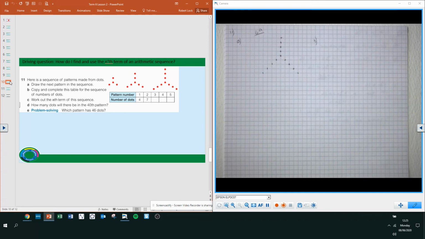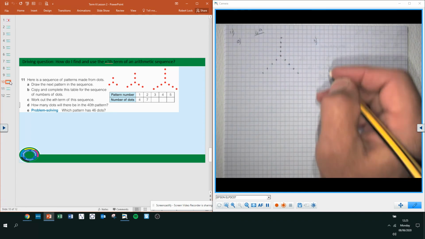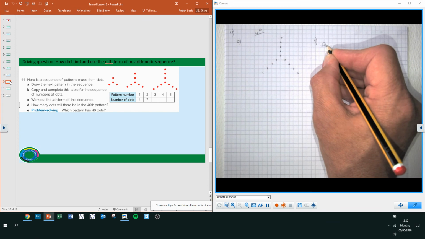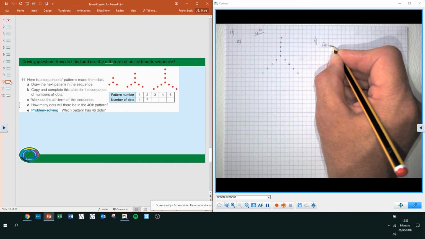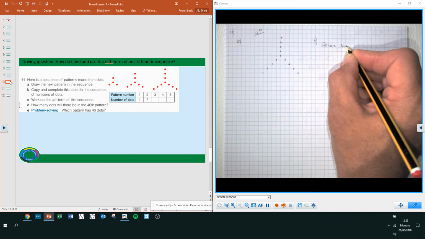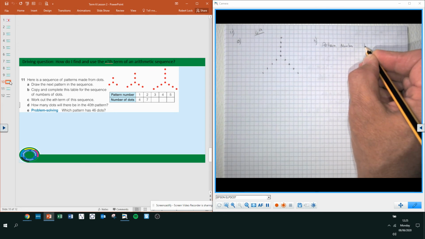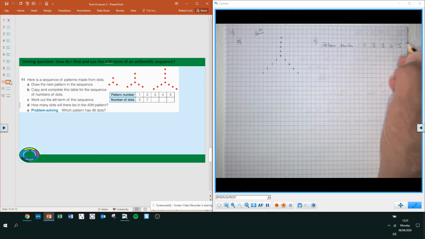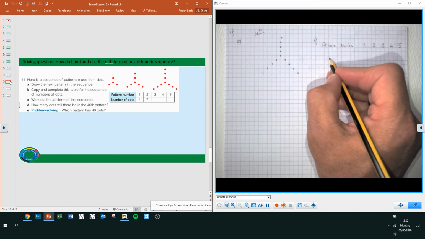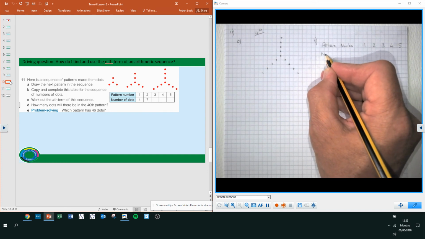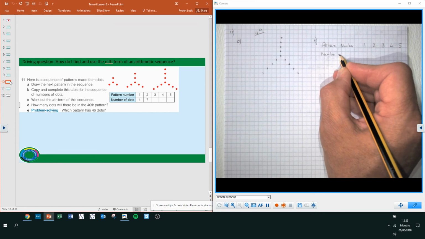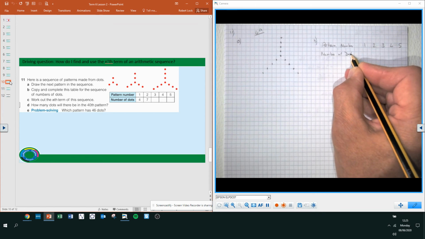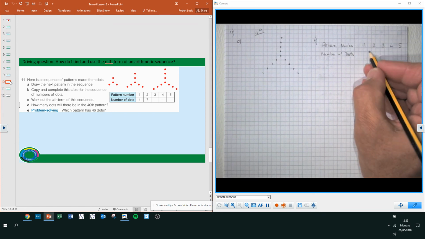B. Copy and complete this table. Pattern number 1, 2, 3, 4, 5, number of dots. First one, 4.